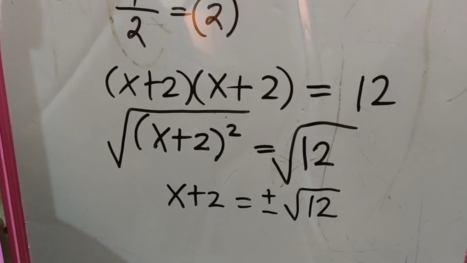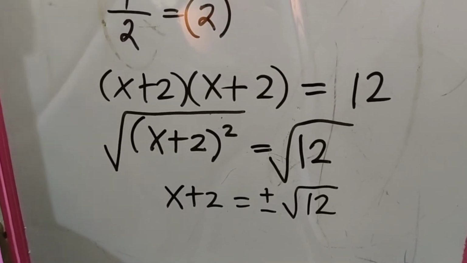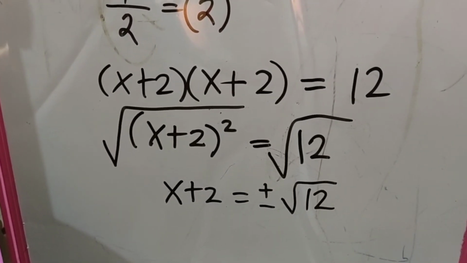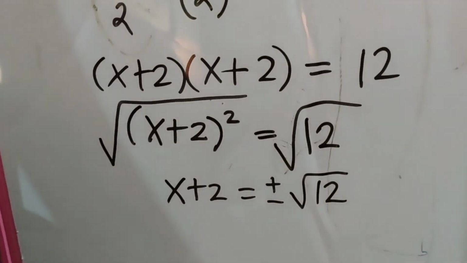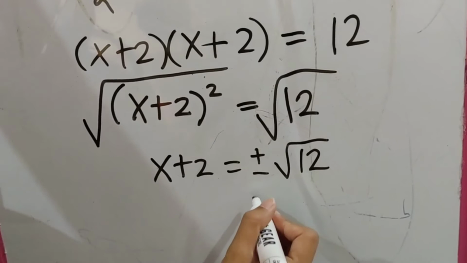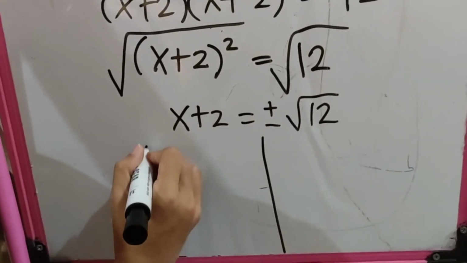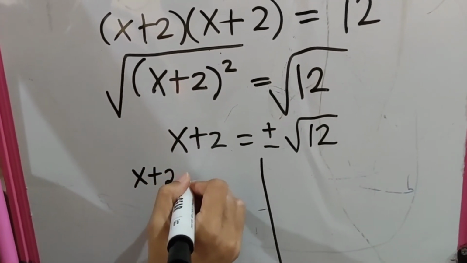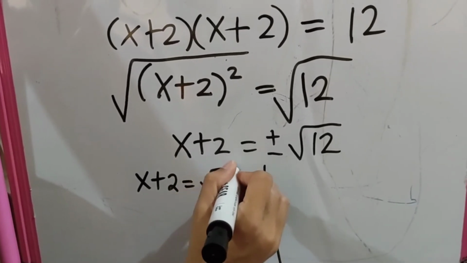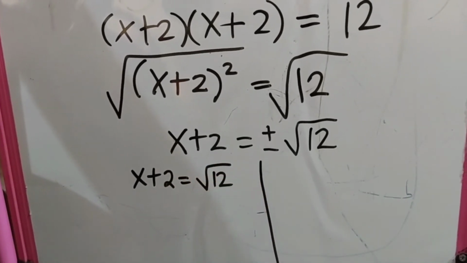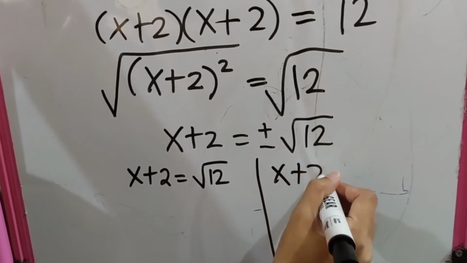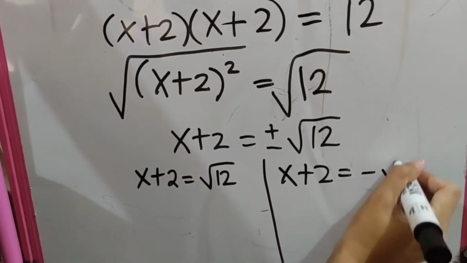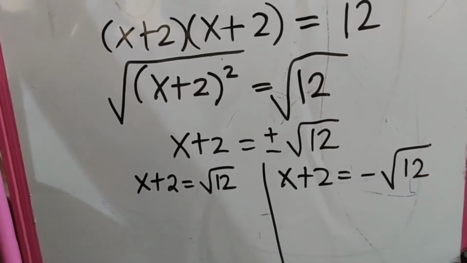Since 12 is not a perfect square, we can leave it as positive or negative square root of 12. So, we'll have two solutions for that. x plus 2 is equal to positive square root of 12. And the other one is x plus 2 equals negative square root of 12.